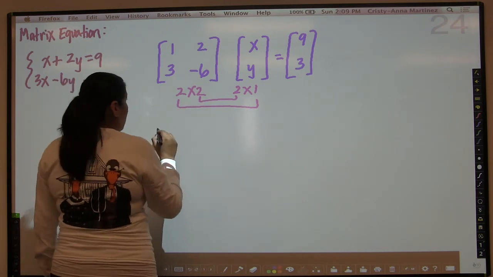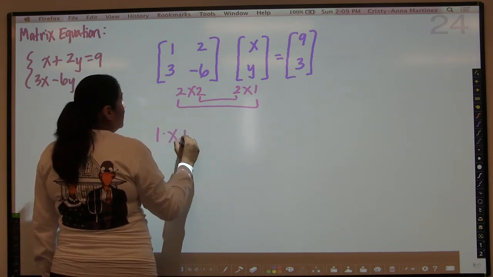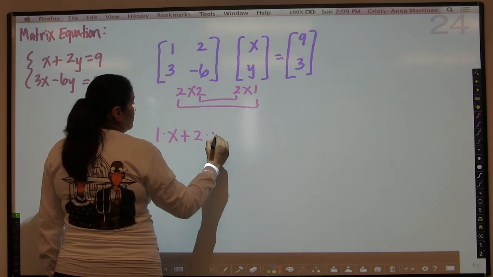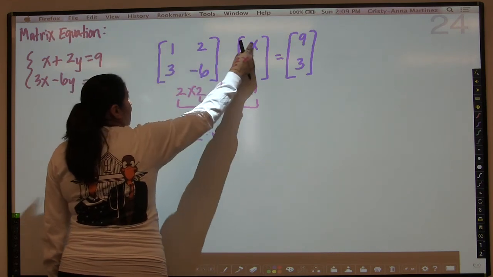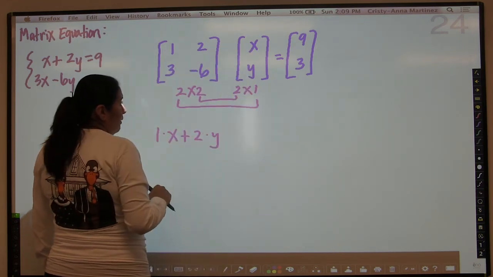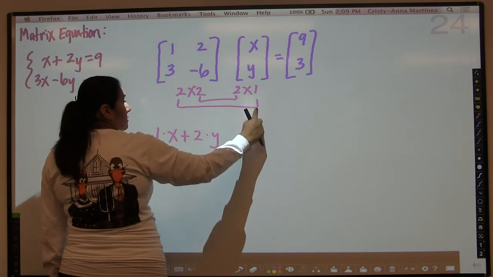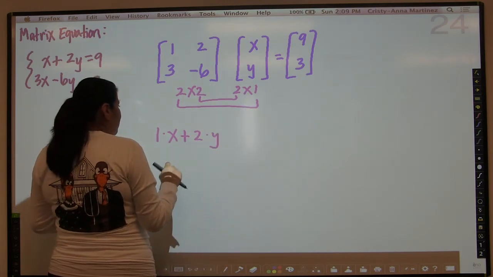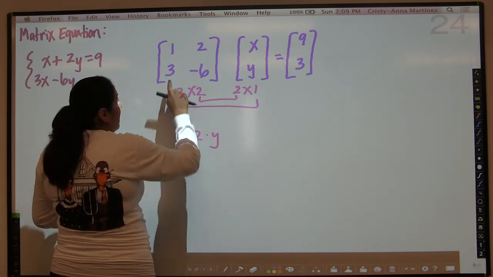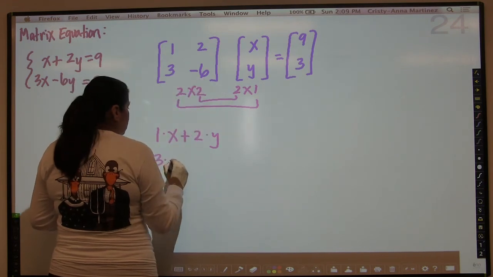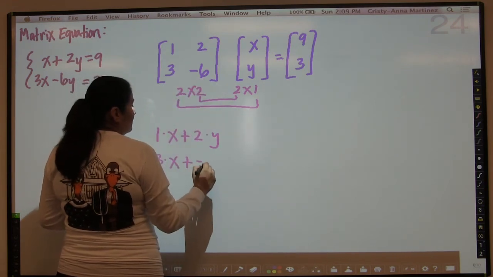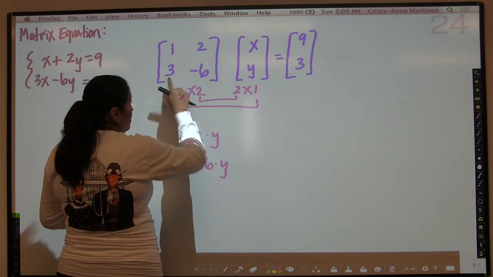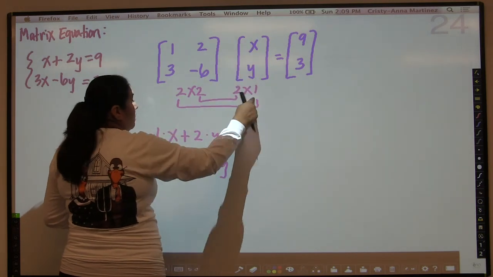So I would go 1 times x plus 2 times y. I would go across and then down, and I would have only one column. Then I go to my second row, it'd be 3 times x plus -6 times y, and it would be row 2, column 1.